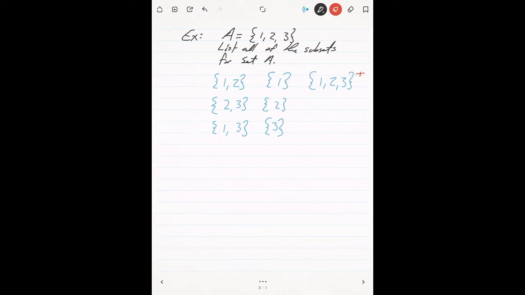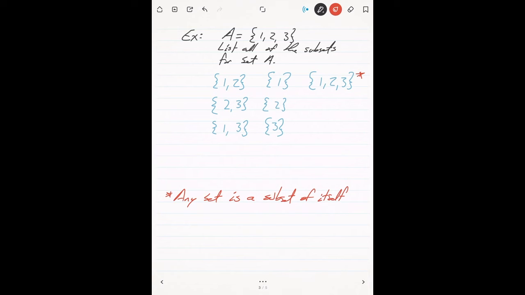So I'm going to put a little asterisk right here, and I'll write down here, any set is a subset of itself. So you can say that any set is a subset of itself.